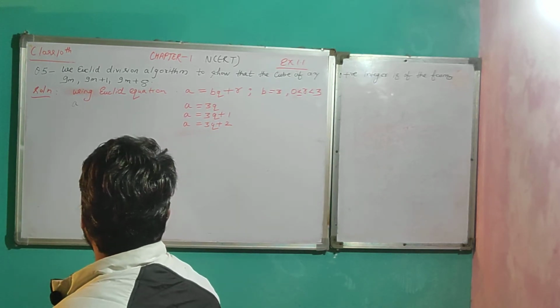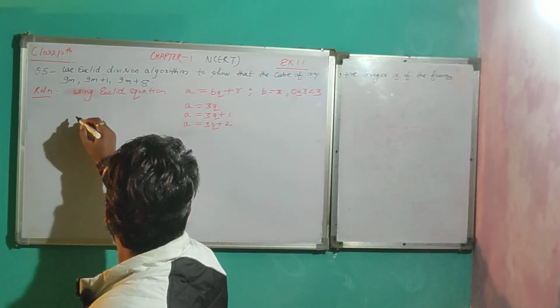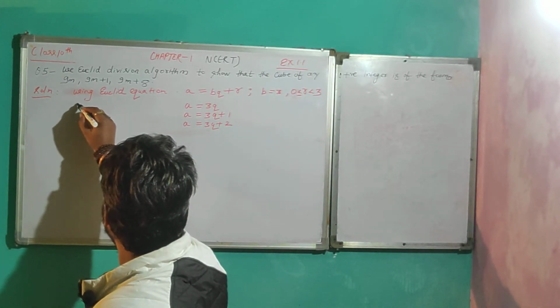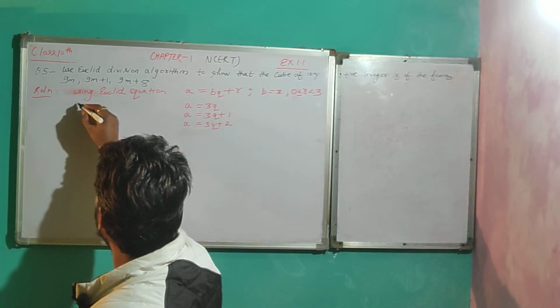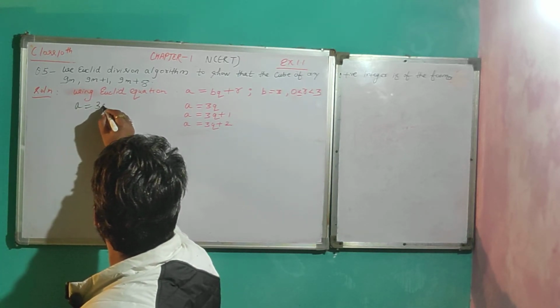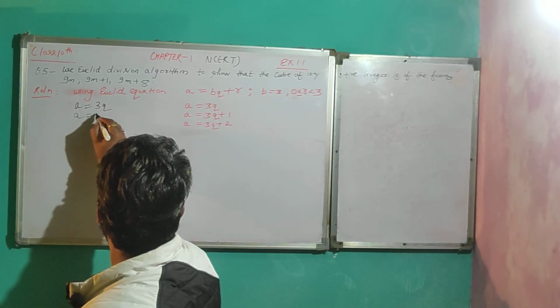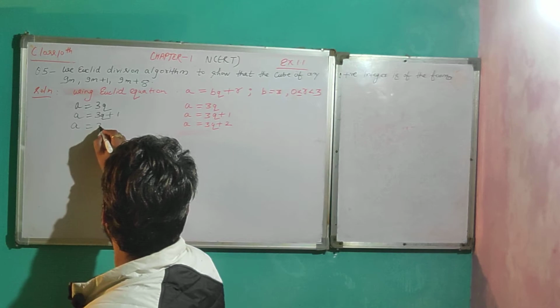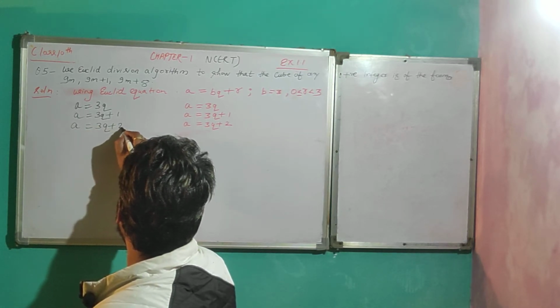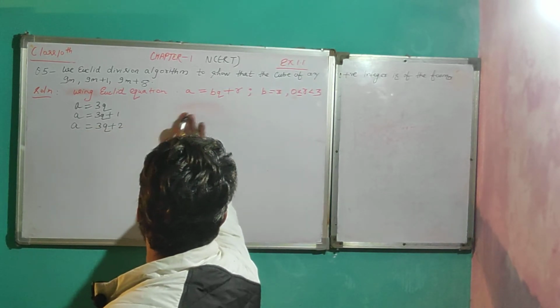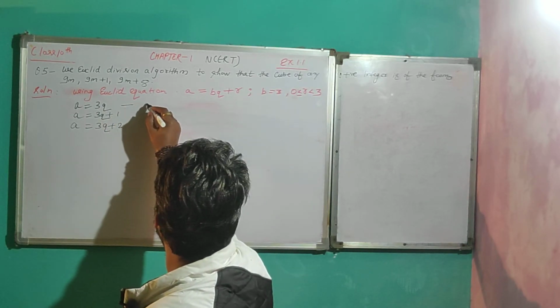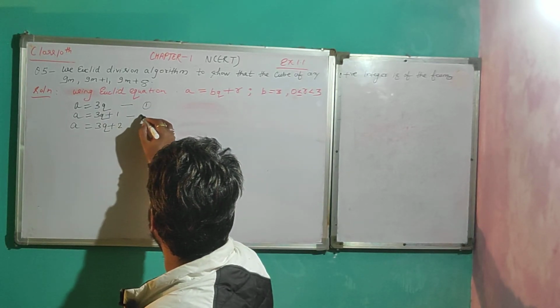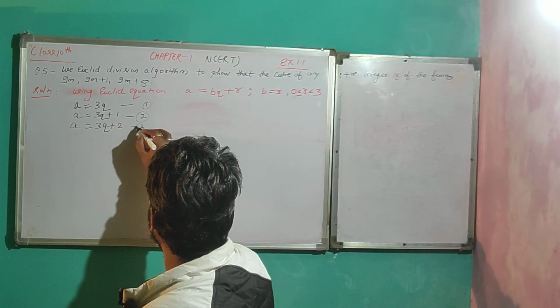We get 3 equations as a = 3q, a = 3q + 1 and a = 3q + 2. Okay, we get 3 equations using this as first, second and third.